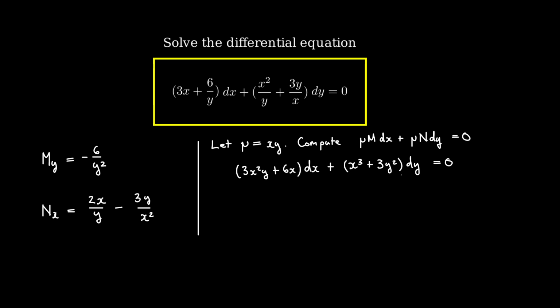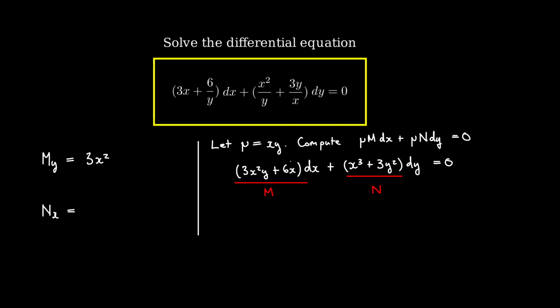Okay, so now we are in a different situation. So let's label the M here and the N. So let's call this M. Let's call this N. And let's compute these partial derivatives again. So if we take the derivative of this here with respect to y, then since x is a constant, we're just going to be left with 3x squared.